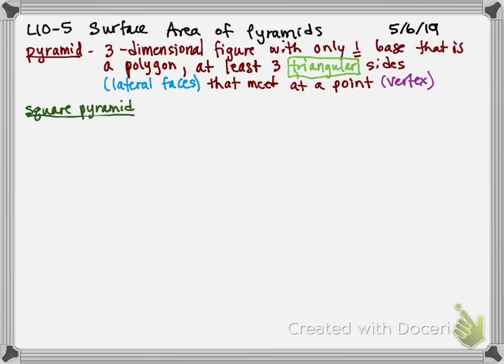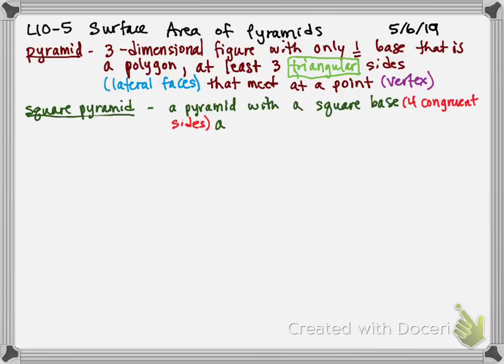So a square pyramid is a pyramid with a square base, okay, which means it has 4 congruent sides, same shape, same size, and 4 congruent lateral faces.